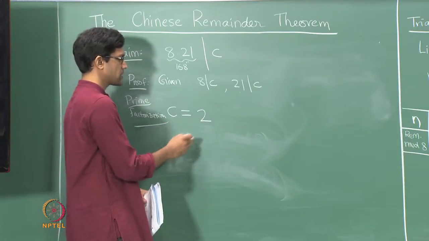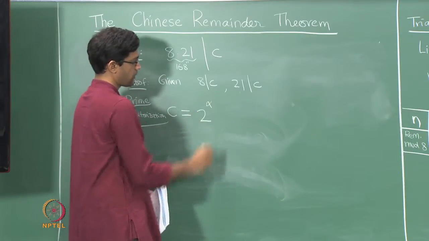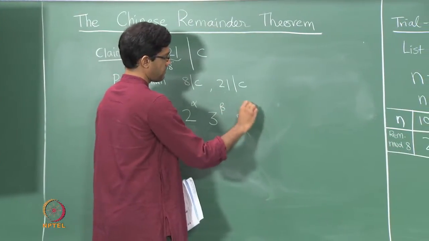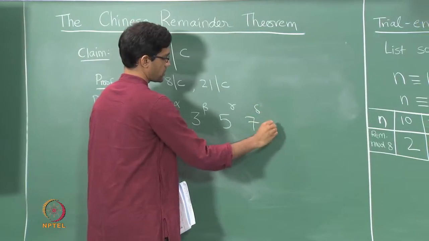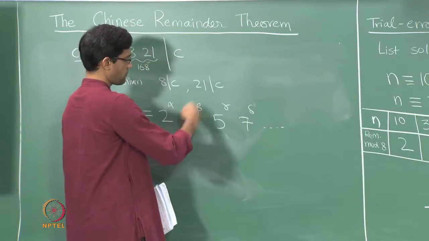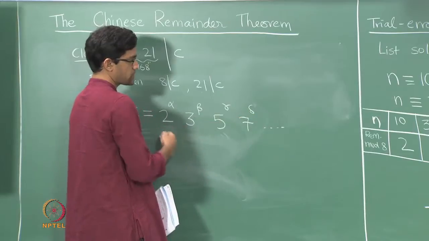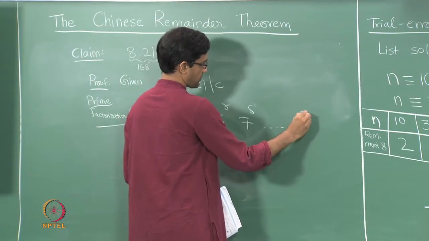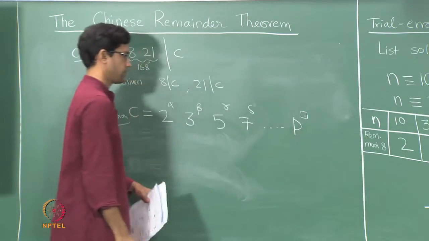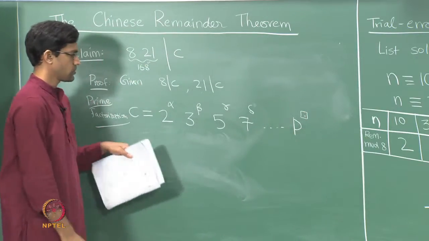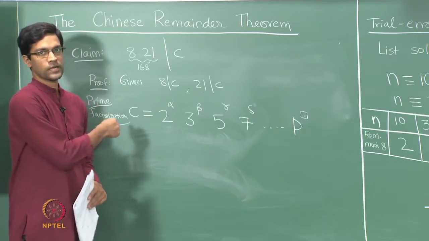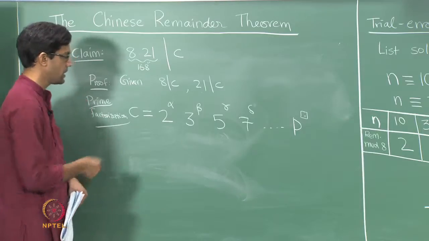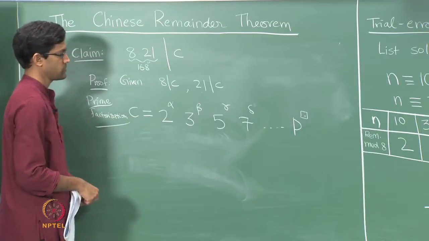So you can write C as some power of 2, let's say 2 to the alpha, times some power of 3, times some power of 5, 7 and so on. Imagine you write it as a product of powers of all the prime numbers. There can only be finitely many prime numbers involved, so there is some p to the something. I don't really care. This is what C looks like, and what we know is that this expression is unique. You cannot have two different ways of writing C in terms of powers of primes.